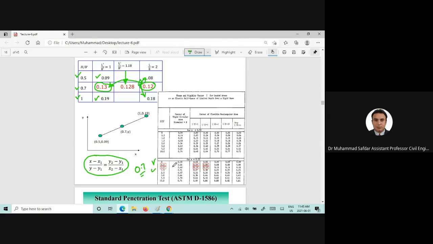Therefore we need to linearly interpolate a value which is occurring somewhere in between here, which is 1.18 L prime divided by B prime. And if you calculate, you will come up with a value which is close to 0.128.